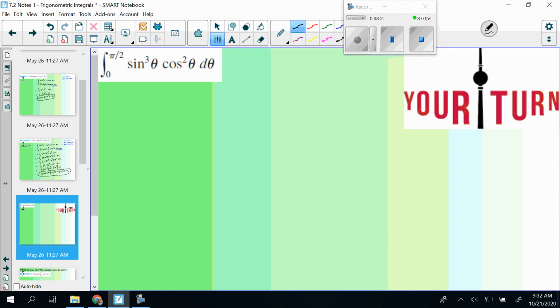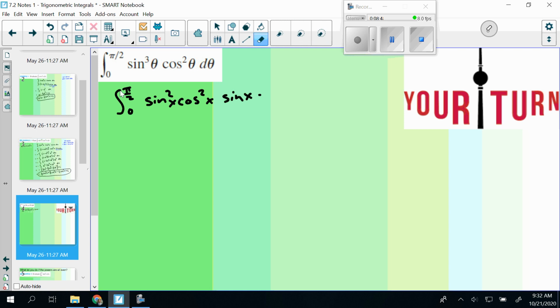This one looks like the odd one is on the sine, and so that's the one we're going to want to split up here. We want to think of it as sine squared, cosine squared, and the remaining sine x that we pulled out.